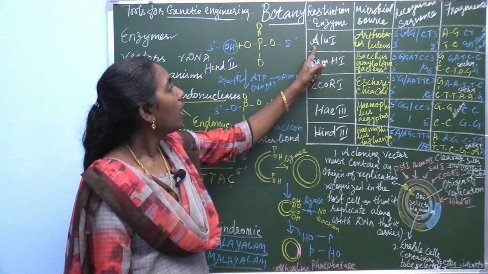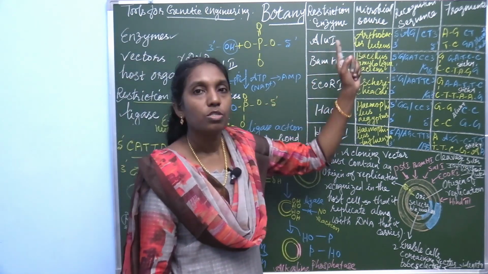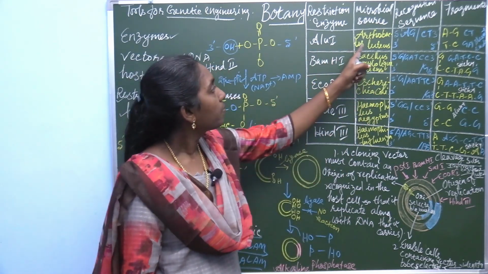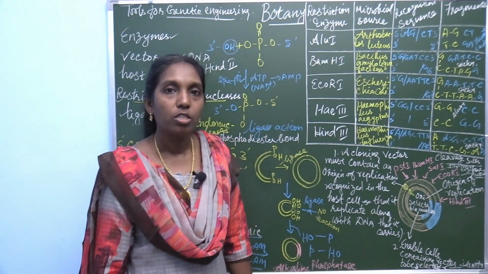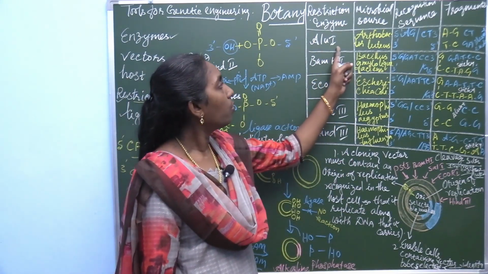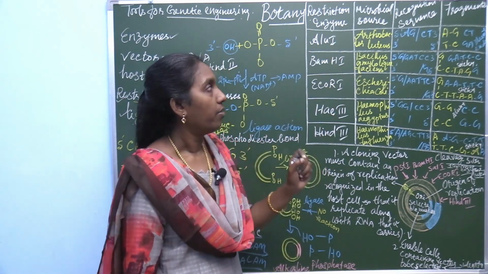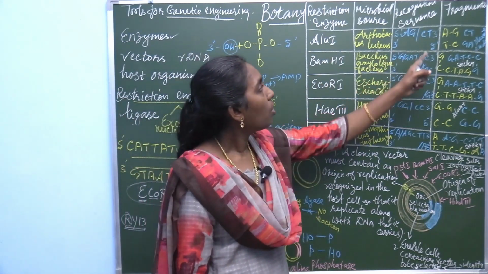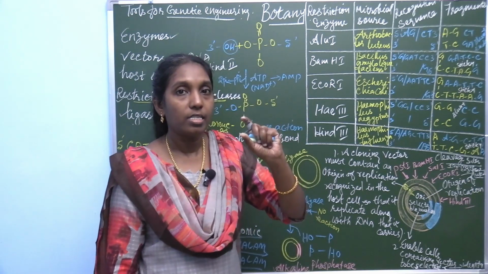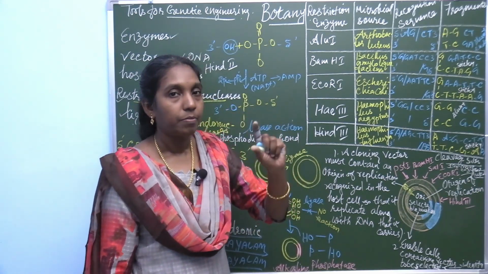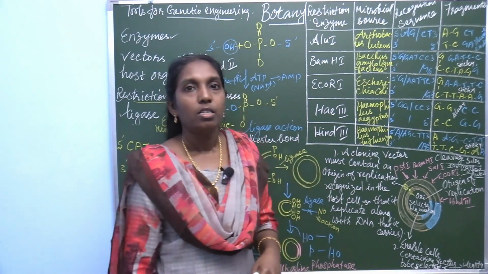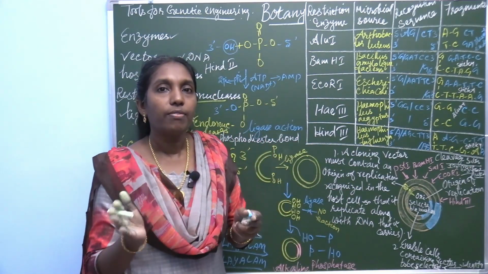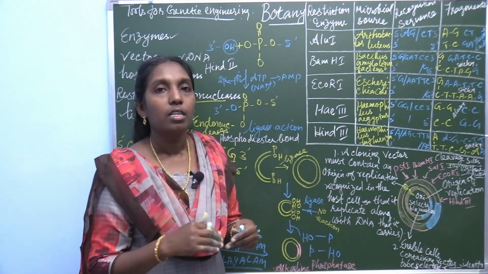For example, AluI. The source microorganism is Arthrobacter luteus. From Arthrobacter luteus, AluI is derived. It recognizes the sequence AGCT. When it cuts, there are two different kinds of ends.